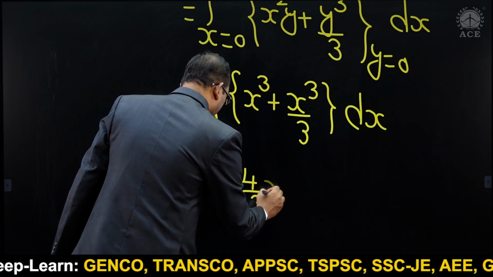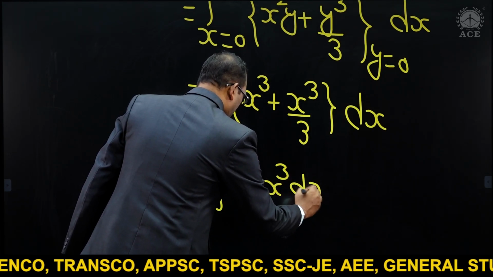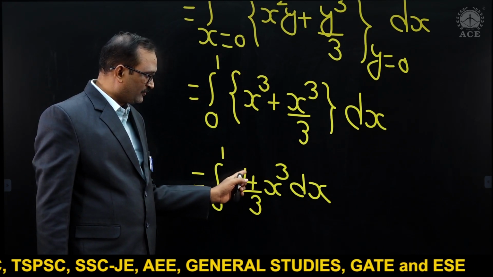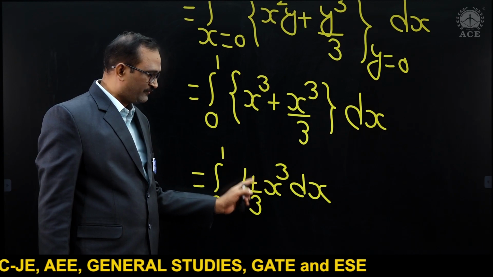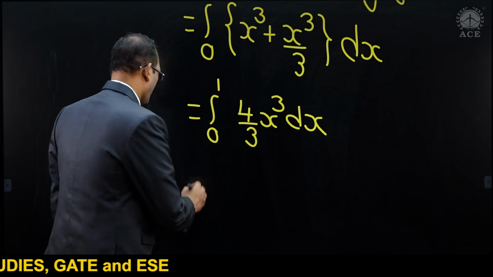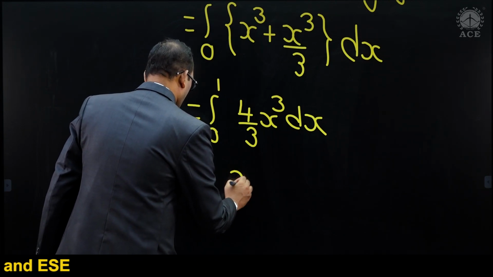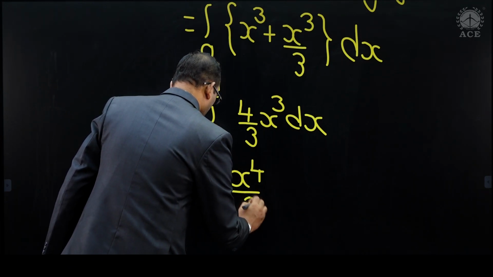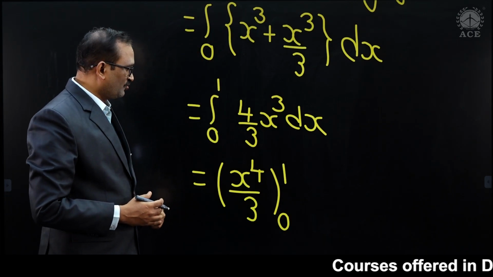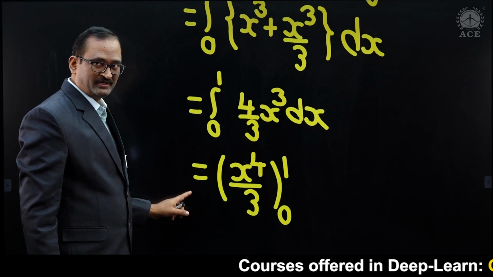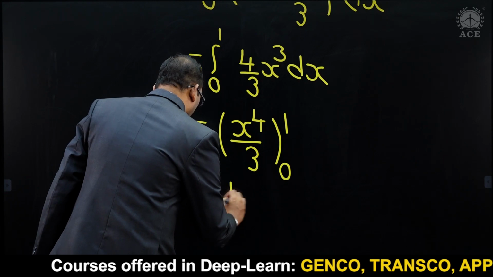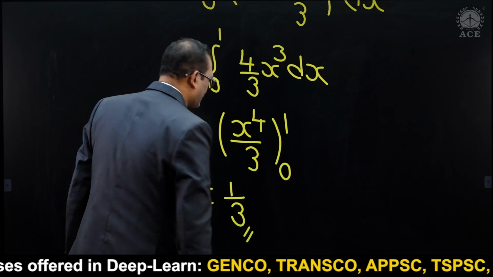So that is 4 by 3 x cube dx. Integrating x cube gives x power 4 by 4, the 4s cancel, so x power 4 by 3, between the limits 0 to 1. Replace x by the upper limit 1 minus lower limit 0. This is equal to 1 power 4, so 1 by 3. So the answer is 1 by 3 square units.